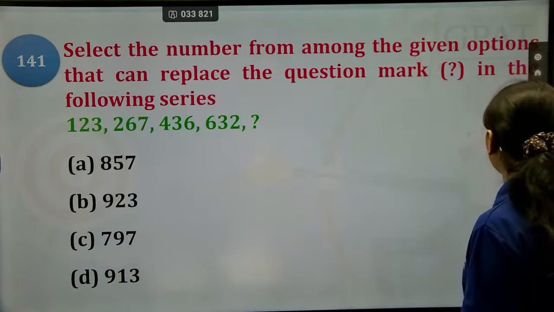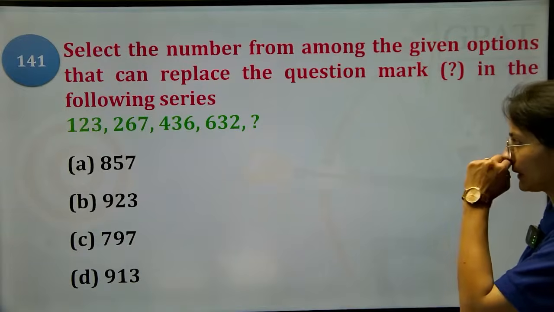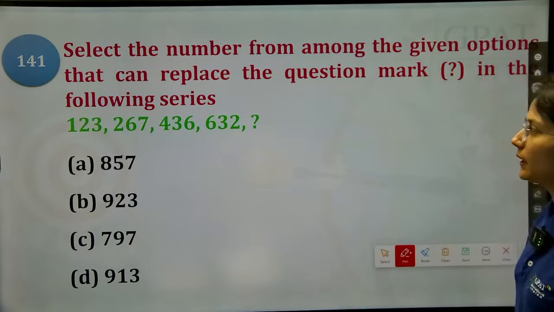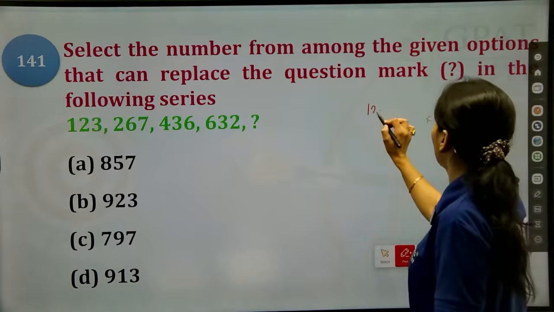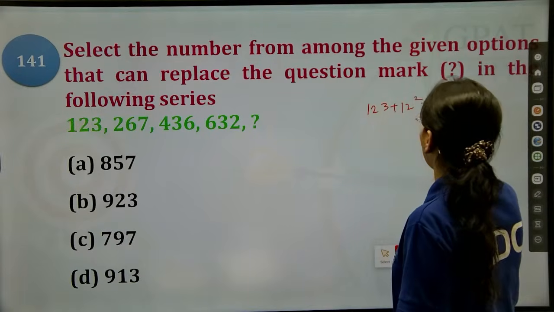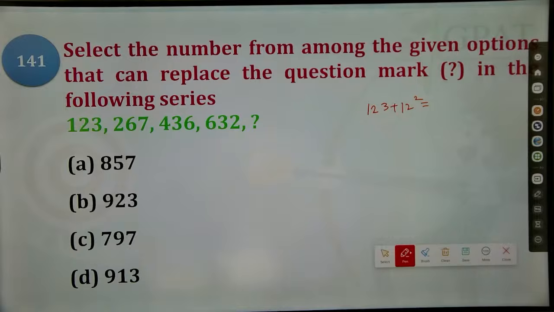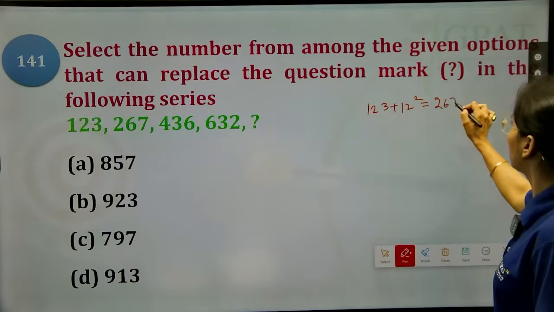Now move to another. We have to complete this series also: 123, 267, 436, 632, question mark. If you see, 123 plus 12 square is 267.